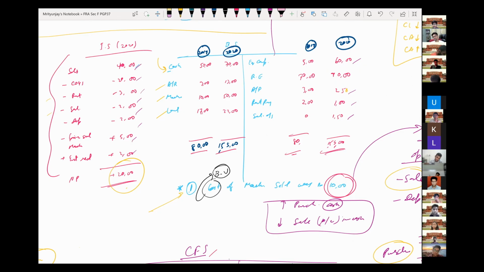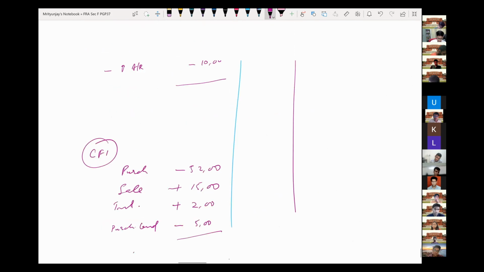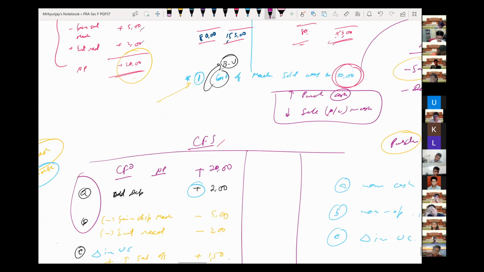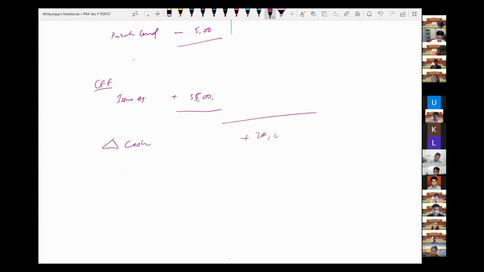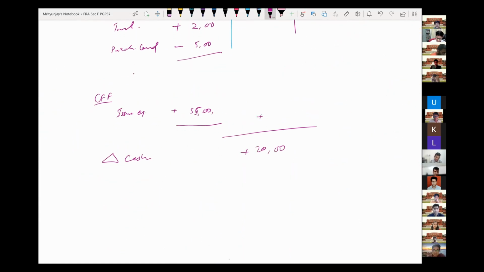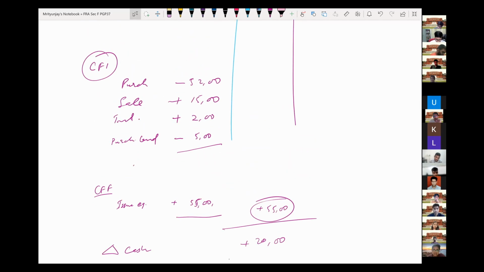Okay. Yeah. So let us quickly do the totals. You guys do the total. I will write some numbers here. Okay. 50 and 70. What is the total of CFF? Total of CFF is positive 55 lakh. What is the total of CFI? Let's quickly do this.